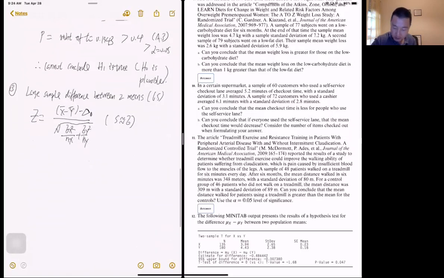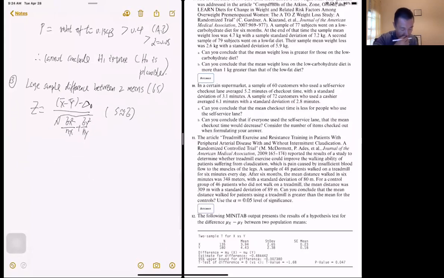In this equation, first off, let's set up H0 and H1. 5.2 is the mean checkout for self-service, so let's define it as X. The mean for X is 5.2, the sample standard deviation for X is 3.1, and the sample size for X is 60.